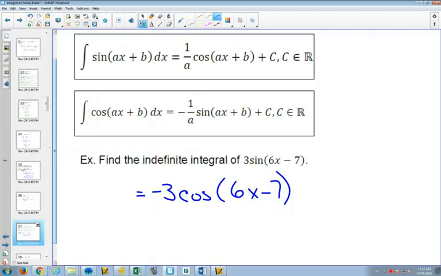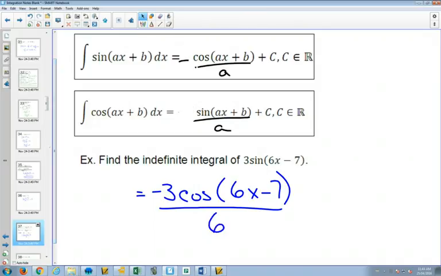Yes, it is. And here, we're going to divide by 6. See, even when I was making the notes, I got myself mixed up with which one.